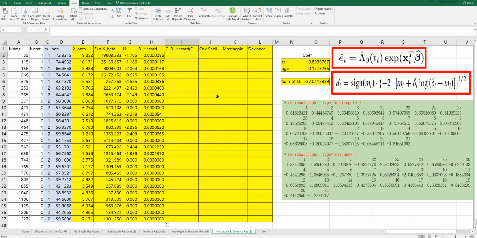Right. Then the cumulative baseline hazard for the first row is the same, and the cumulative baseline hazard for the second row can be calculated by this plus the previous one.